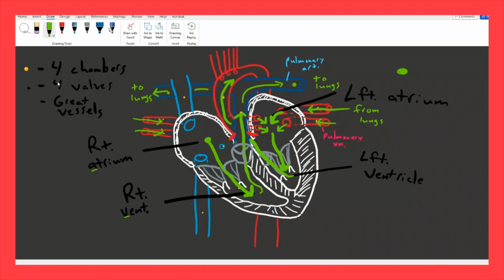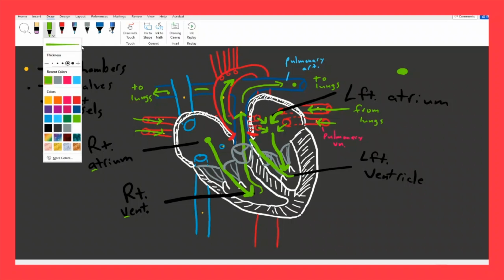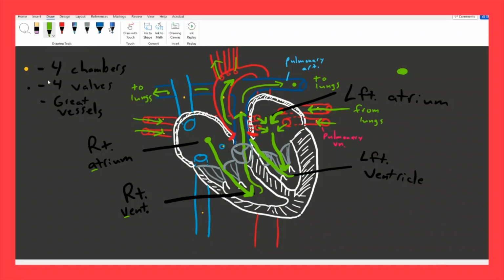The aortic semilunar valve, which is always the hard one to find on those models, is at the top center of the left ventricle, carrying blood into this big, makes the U-turn aorta, where it might go, where? Up to my head, make the U-turn, go down through my thorax, down to my foot, wherever.